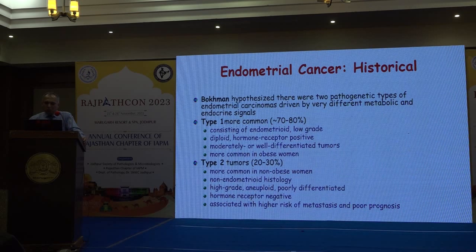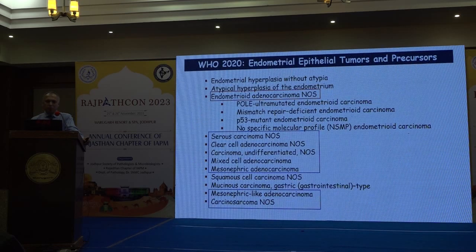So that was about endometrial hyperplasia, which I think we should know if we are dealing with an endometrial carcinoma, because we need to separate them from endometrial cancers and also recognize atypical forms of endometrial hyperplasia. The classical Bokhman classification, type 1 and type 2, has now been replaced in the latest WHO.